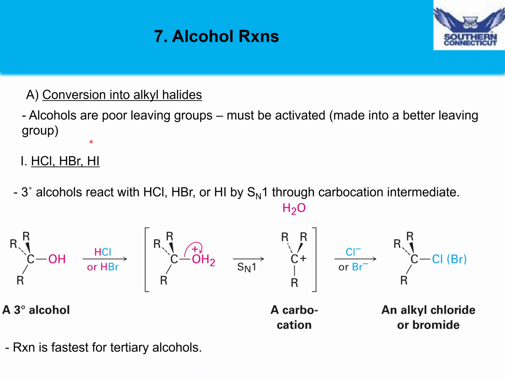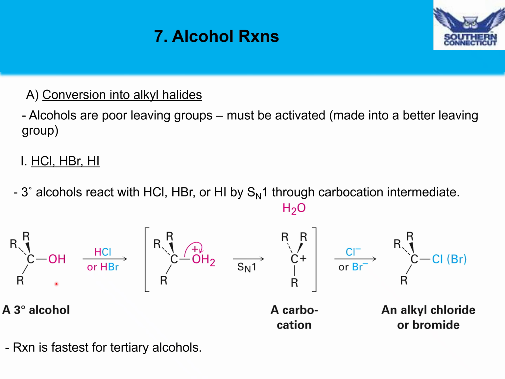One of the ways we can do this is by adding an acid that also contains a nucleophilic halogen, for example HCl, HBr, or HI. These work really well with tertiary alcohols through an SN1 reaction.